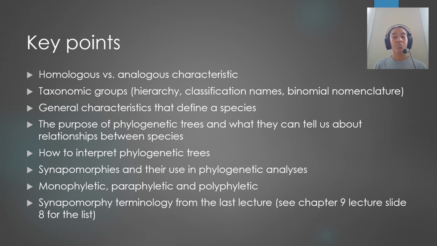And then familiarize yourself with the terminology that I mentioned in the last lecture. So the lecture covering chapter 9, go back to slide 8 and make sure you know all the terms on that list, because those are synapomorphies that will come up throughout this entire semester. So make sure that you know the definition of all of those terms.